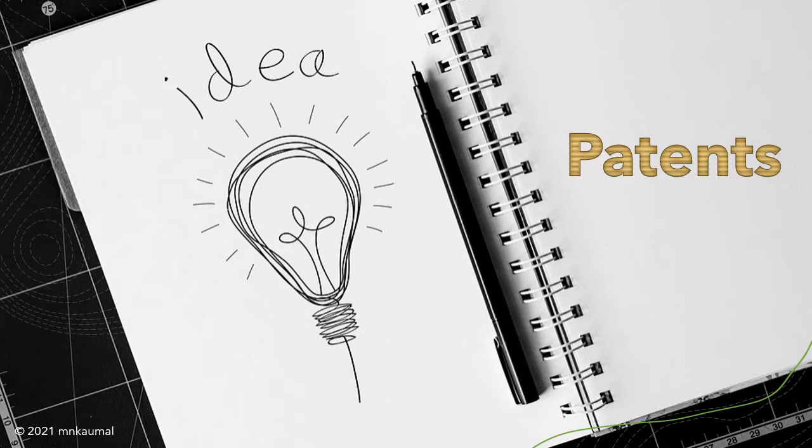Under this 4 category classification, the first one we're going to consider is patents. A patent can be applied for an innovation, but there are tiny other things you really need to understand about whether your innovation qualifies for a patent.